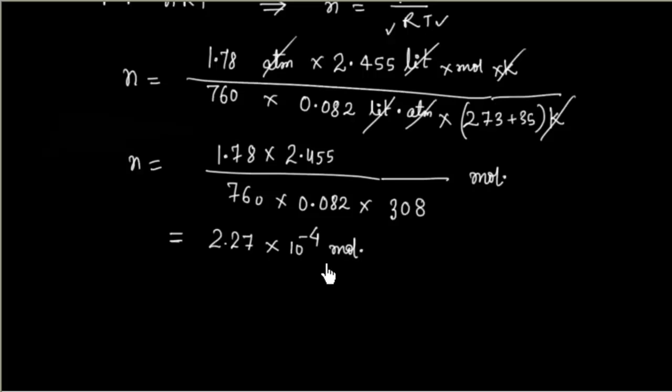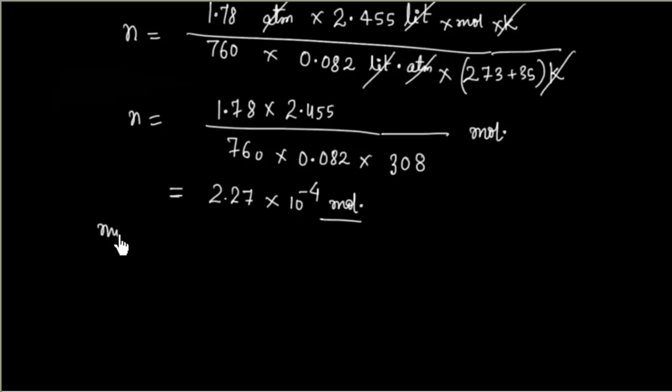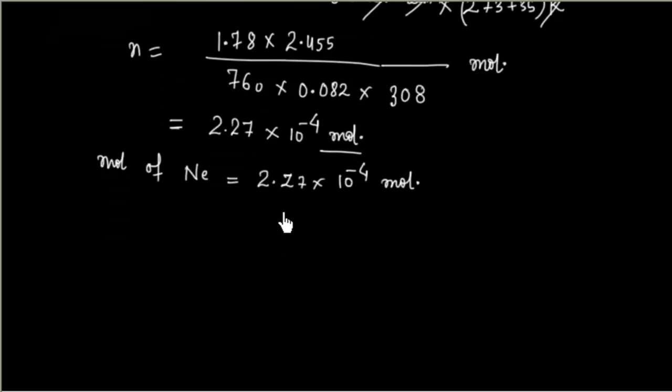Now once I know the mole of neon, so this is the mole of neon, we can calculate weight. And weight of neon is nothing but we have to multiply this by molecular weight, and molecular weight is 20.